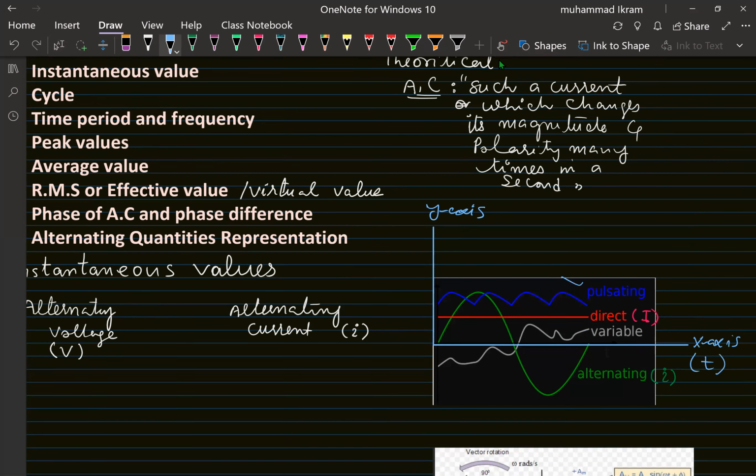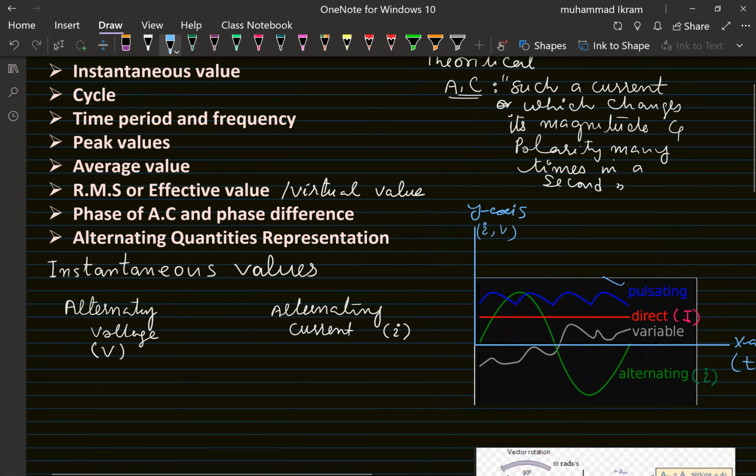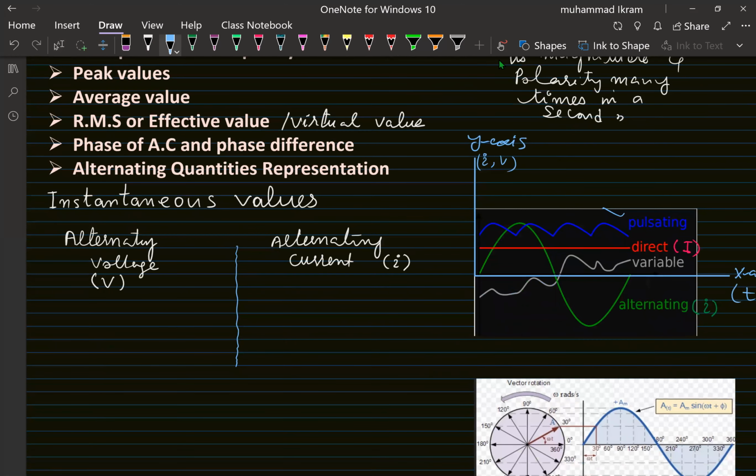You may take the current or voltage along the vertical axis. Here, as I told you, we have two different quantities, and we wish to study the instantaneous values of these quantities first.